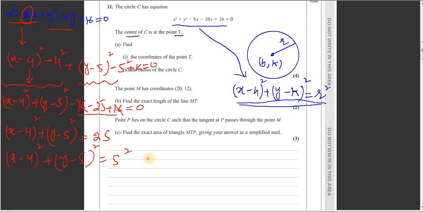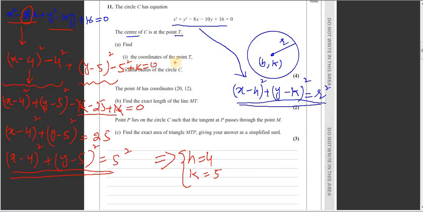So now this implies that if you compare this equation with the standard equation of the circle, you can clearly see that (x minus h) whole square, here you have (x minus 4) whole square, that means h is equal to 4, and (y minus k) whole square and (y minus 5) whole square, that means k is equal to 5. So this is the answer of your part A(i).